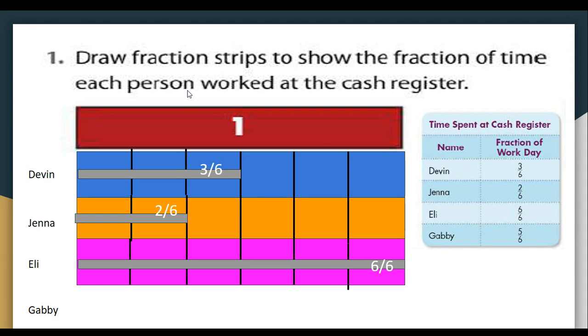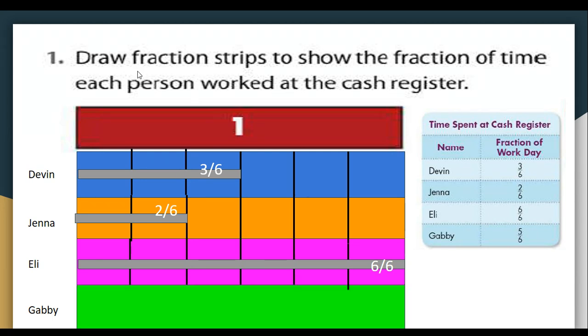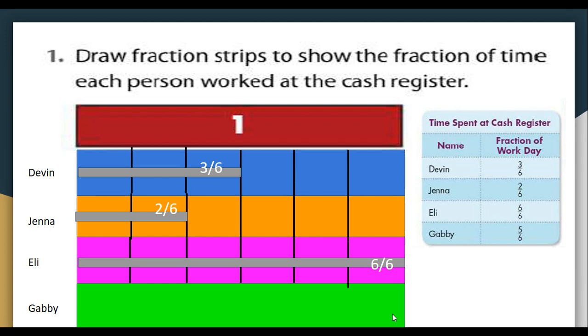And last but not least, Gabby. Gabby spent 5/6 of her workday working at the cash register. So again, we're going to draw a strip for Gabby. Just like the others, her workday is 6 hours in total. So we're going to partition Gabby's strip into 6 pieces.